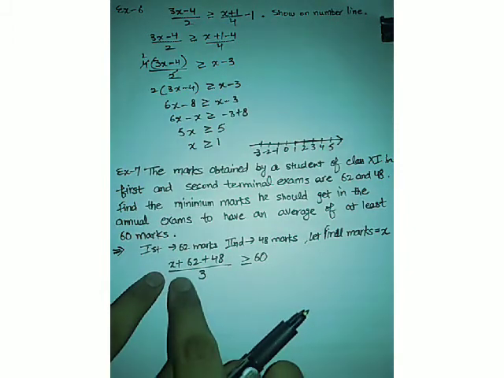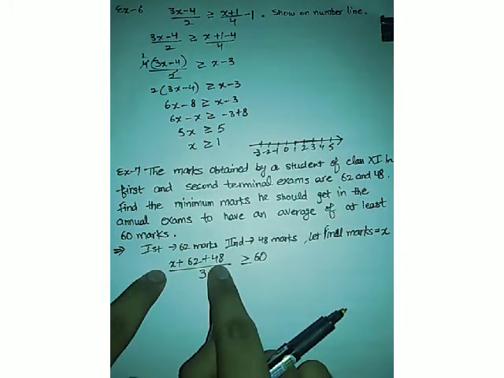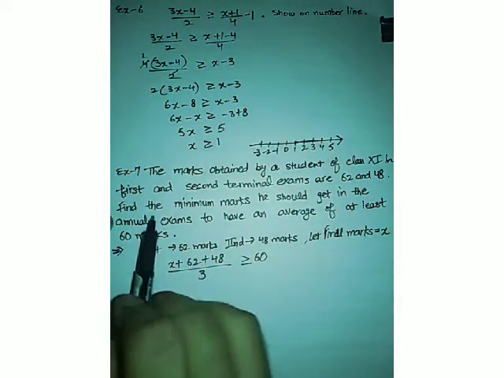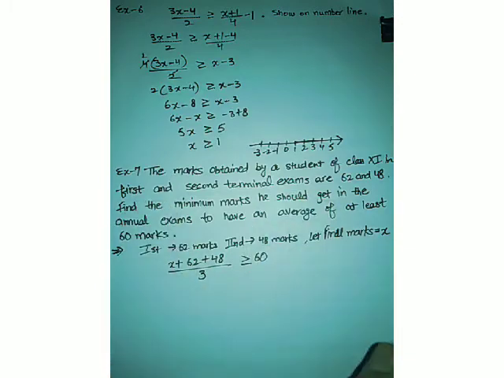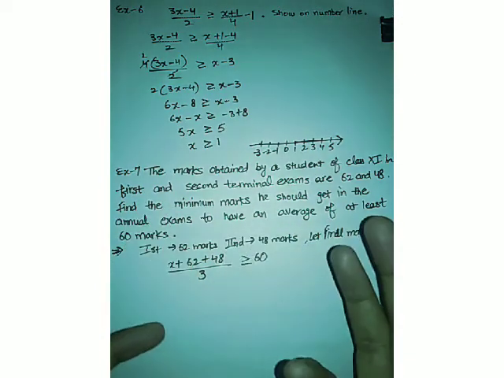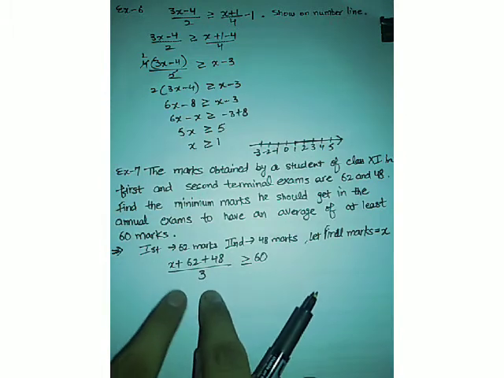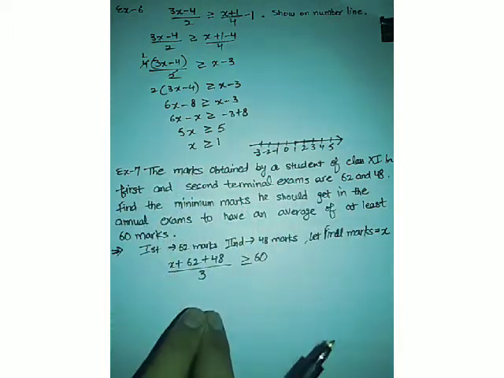It's simple. They have given the marks of 2 terminals and the final examination marks are to be found. We have to find the limit. We have to find the minimum marks, not the exact marks, all right? Because we cannot find the exact marks. We are dealing with inequalities, not equations. That is why we have to find the average.